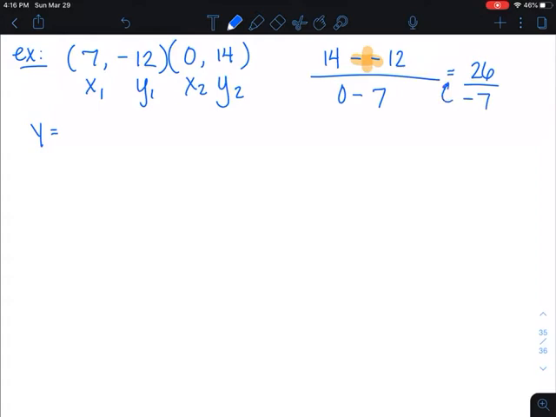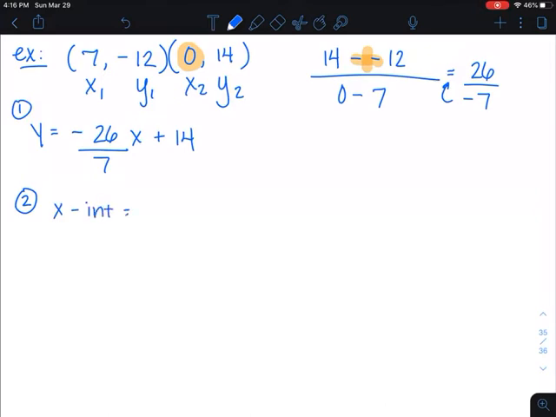You cannot simplify, but that negative sign will float to the top. So we have -26 over 7 x plus b, where b is the y-intercept. In this case, x is 0 already, so my y-intercept is going to be 14. So we have our equation set up. That's the first step.